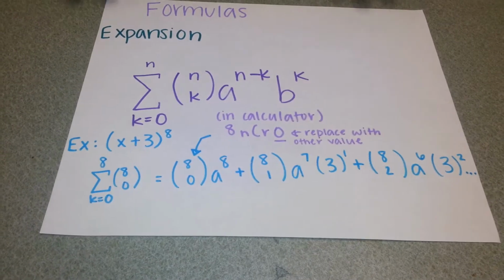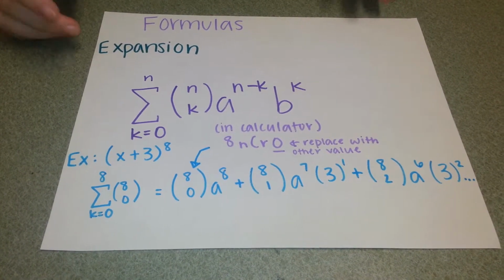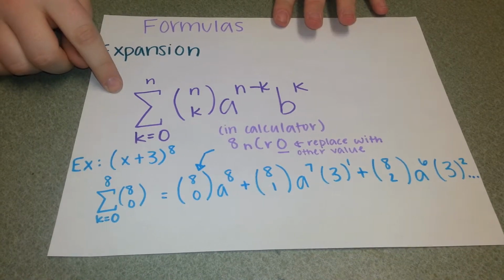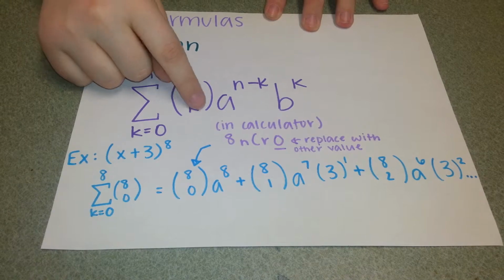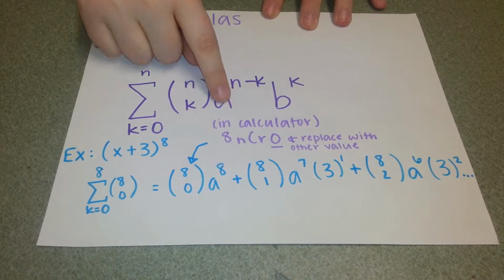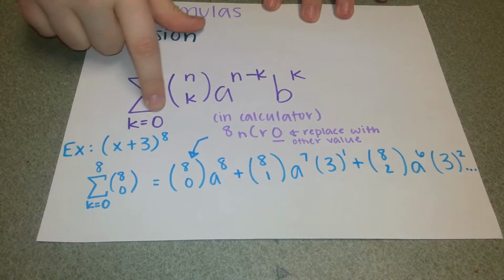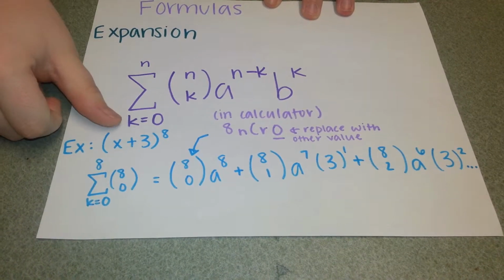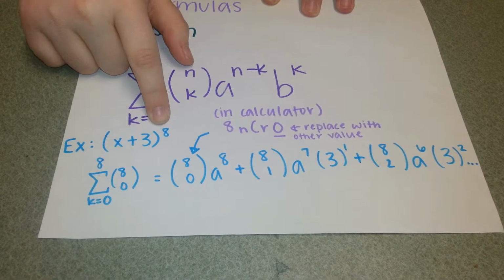Now, Pascal's triangle gets a little weird when you have really, really large exponents. So we have this formula for expansion. This is the summation symbol. Here you have n over k in parentheses, a to the n minus k, b to the k. You have k equals 0, which is your starting term. For example, x plus 3 to the 8th.